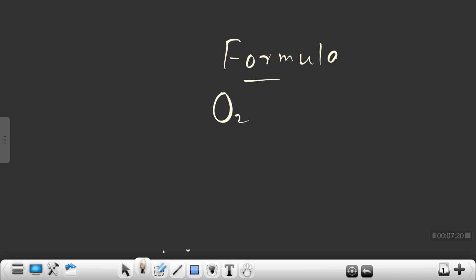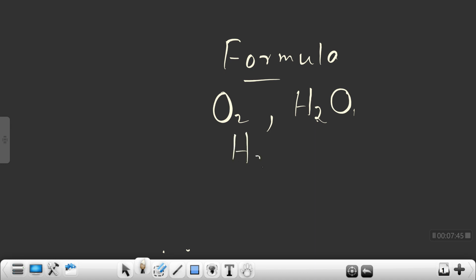That means oxygen molecule contains 2 atoms. And formula of water is H2O. And look here, just below H, it is written 2. And just below oxygen, it is written nothing. That means 1. So, water molecule contains 2 atoms of hydrogen and 1 atom of oxygen.